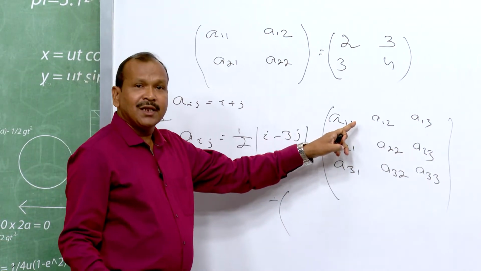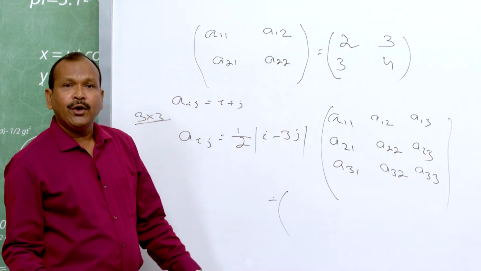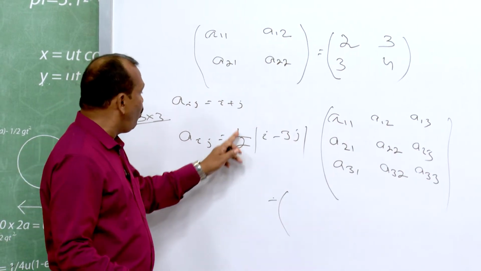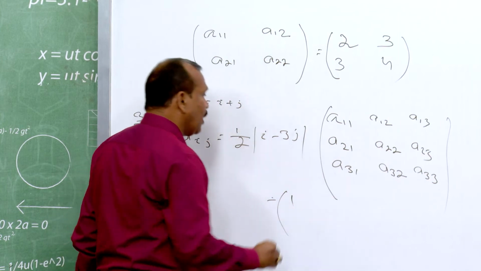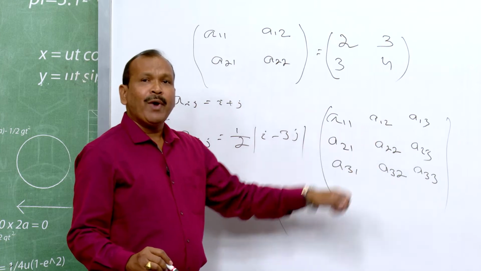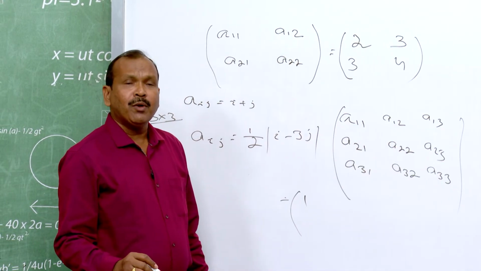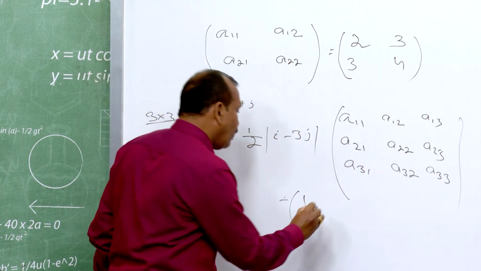A11: 1 minus 3 is equal to minus 2. The mod becomes 2. 2 by 2 becomes 1. Similarly, A12: 1 minus 3 into 2, 1 minus 6 is equal to minus 5. The mod becomes 5, so 5 by 2.